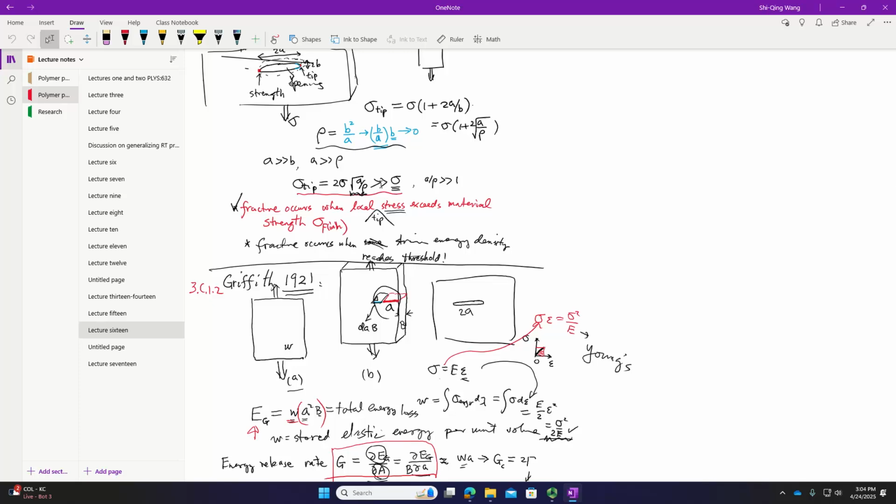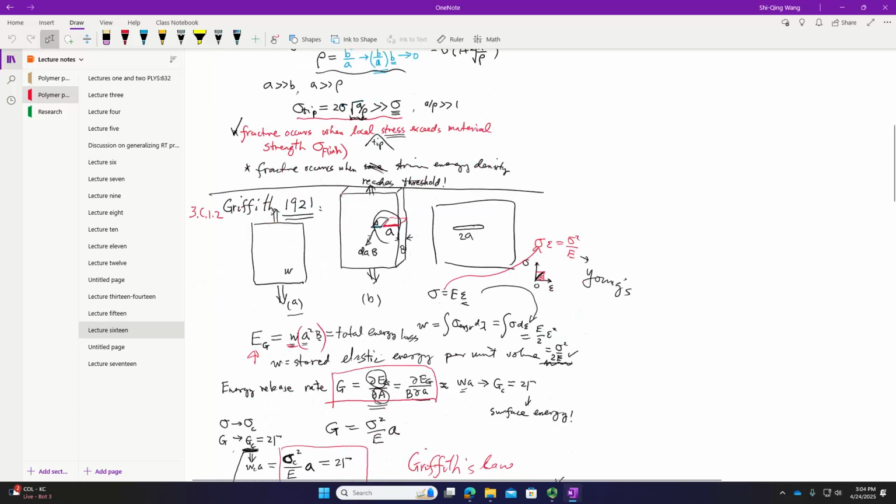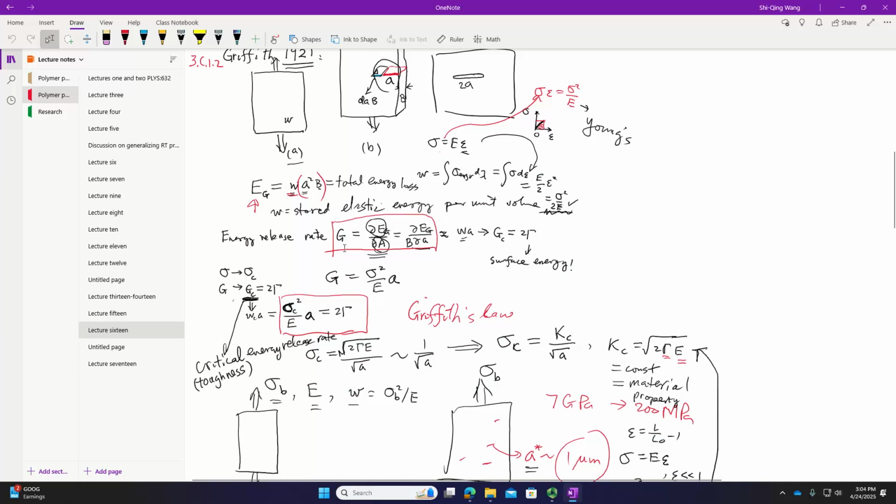So he used energy, right? Basically he says, you store this much energy. If you let go, I can release that much energy that you stored. And if that energy is enough to pay for the energy required to have a new surface, you should judge that as the condition for the crack to grow. So he ended up suggesting that's how much energy release you can have per unit area.